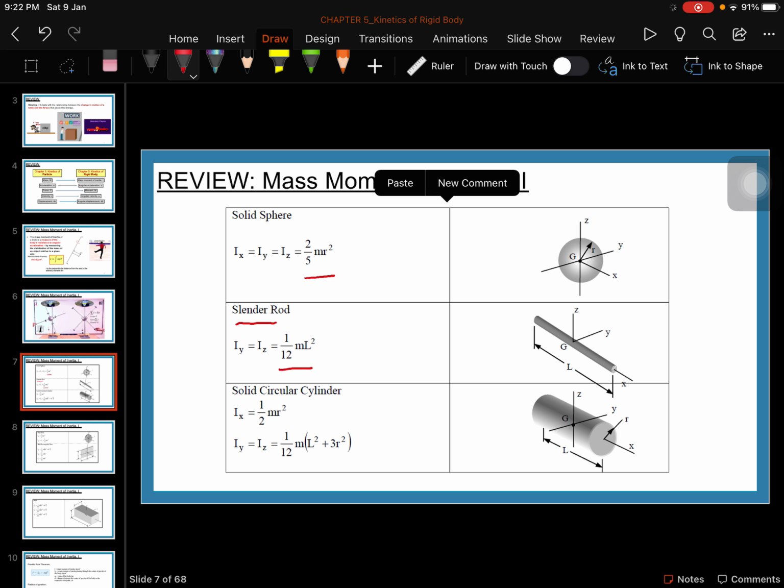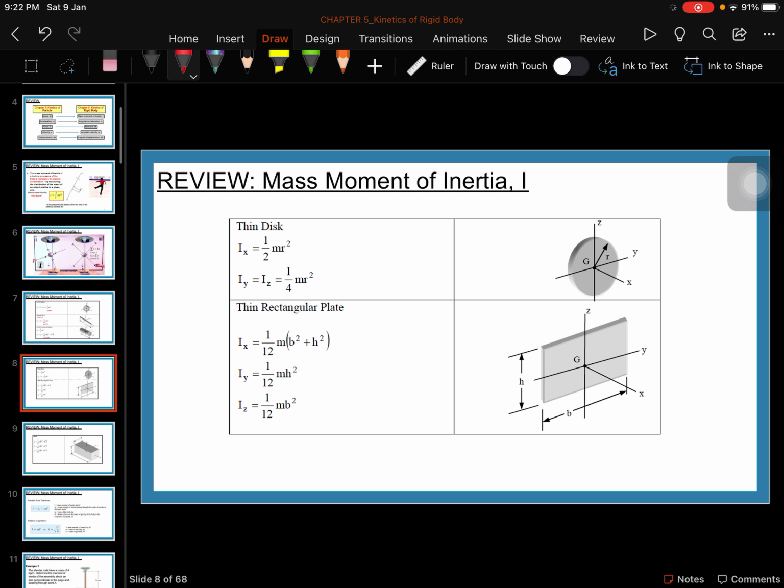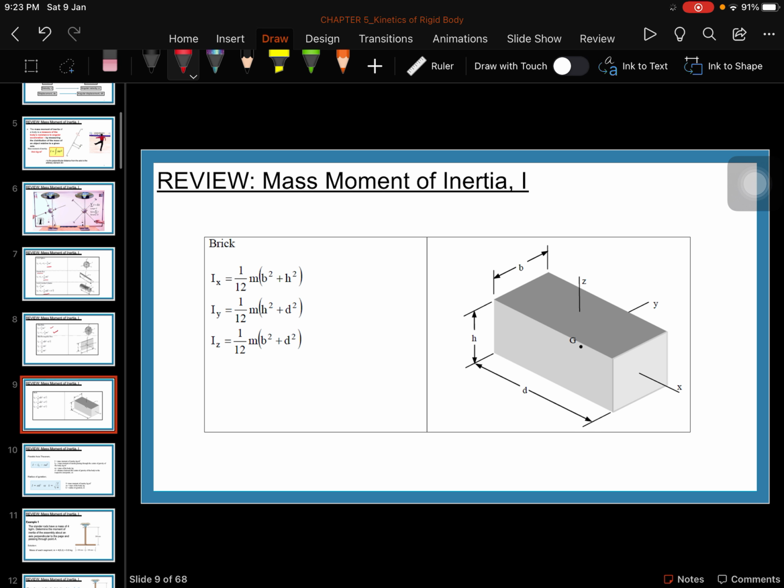Next, thin disc: Ix equal to half mr square, and Iy equal to Iz equal to 1/4 mr square. Next, thin rectangular plate. And lastly is mass moment of inertia for brick.